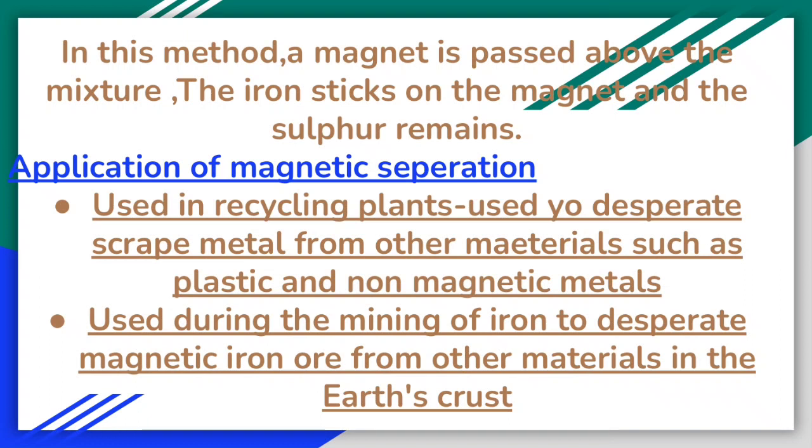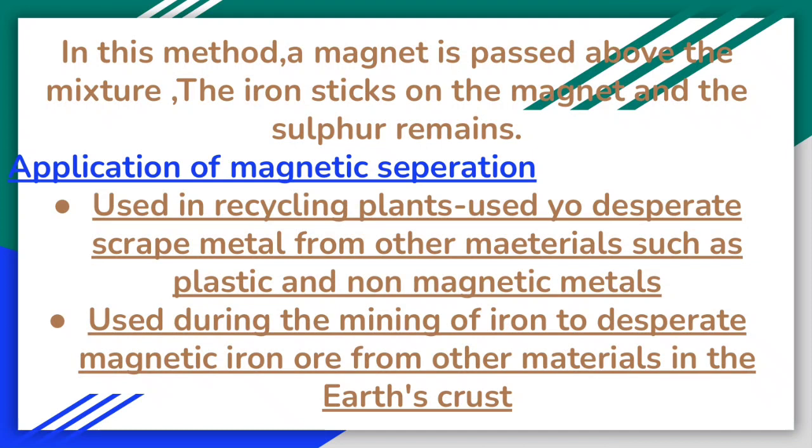In those places where we have the recycling of materials, magnets are used to separate magnetic metals from other materials which are not magnetic, and also from plastics. Now, this normally happens in scrap metal dealers.